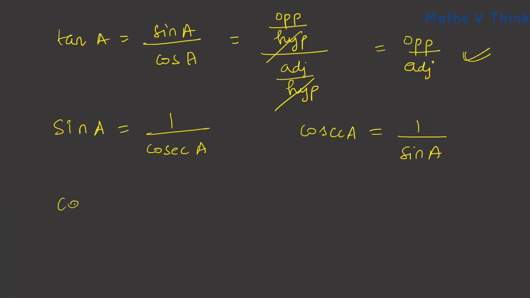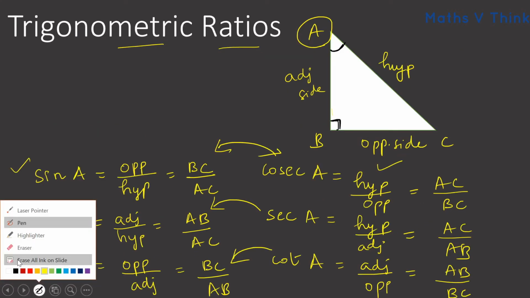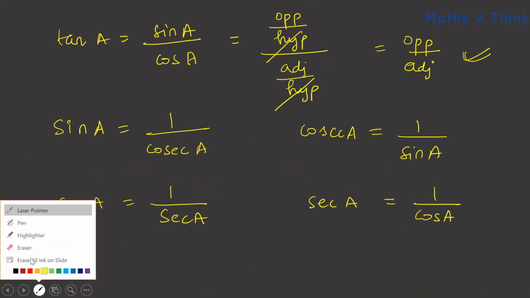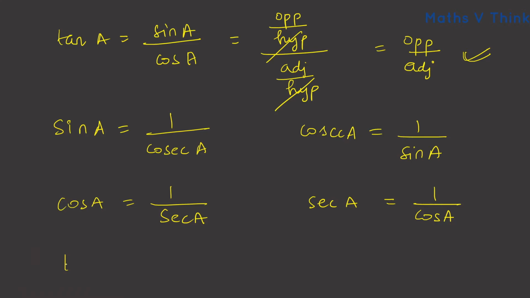So I can tell cos A is 1 by secant A. Same way secant A is 1 by cos A. And also, tan A and cot A are opposites. So I can write tan A is 1 by cot A. Same way cot A is 1 by tan A.